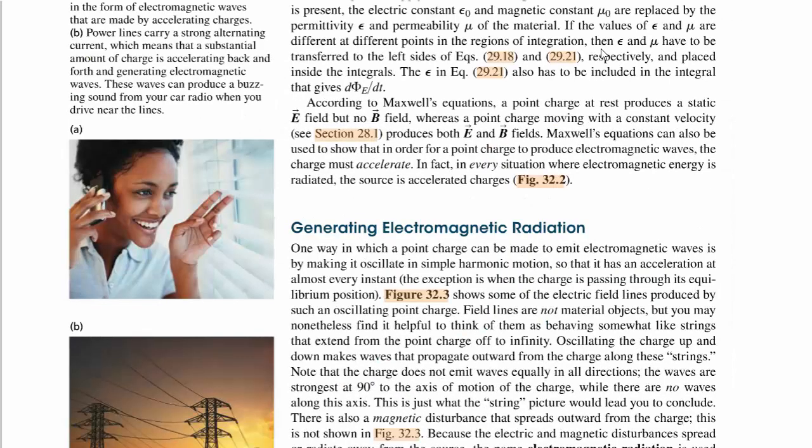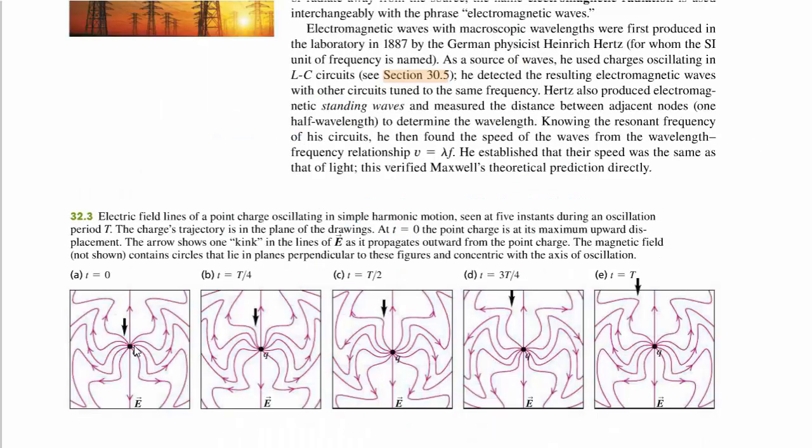So one of the first things about how to get electromagnetic radiation is that this is going to come whenever we accelerate charged particles. So moving charged particles will create B fields, stationary charged particles create electric fields, but when we accelerate them, speed them up, slow them down, wiggle back and forth, or change direction, then this is going to produce electromagnetic radiation. So here we see this pattern.